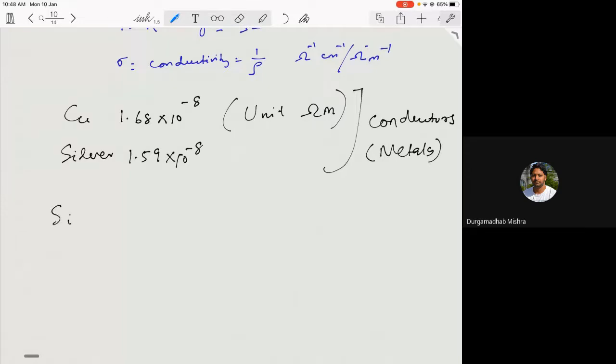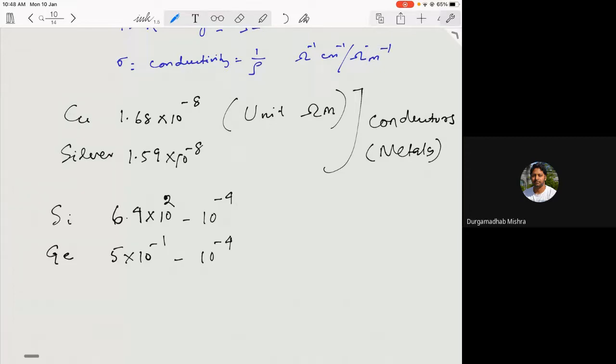Here the conductivity or the resistivity can vary, from something like 10 to the power 2 to the order of 10 to the power minus 4, all in ohm meter. Similarly, germanium, for example, can vary from 5 into 10 to the power minus 1 to 10 to the power minus 4.